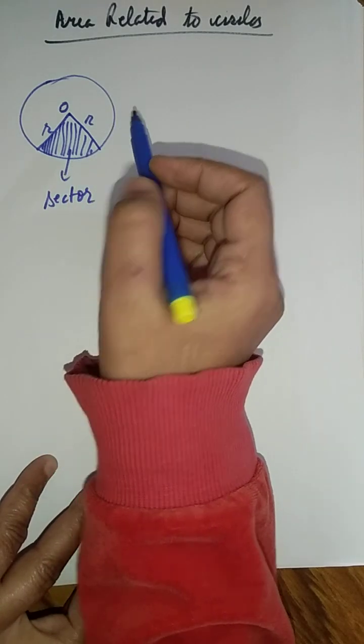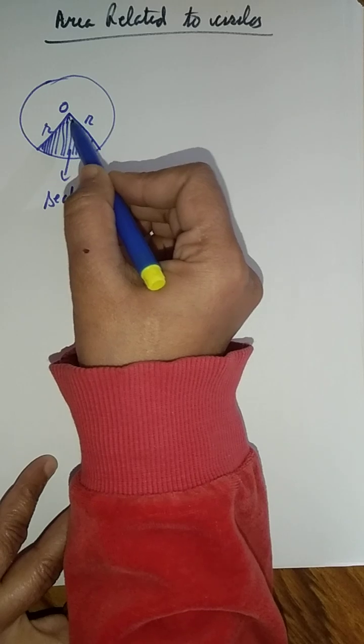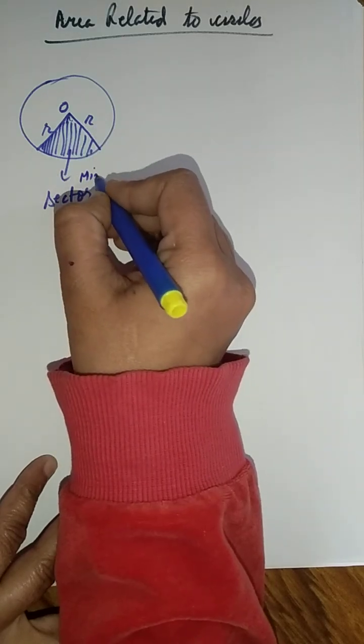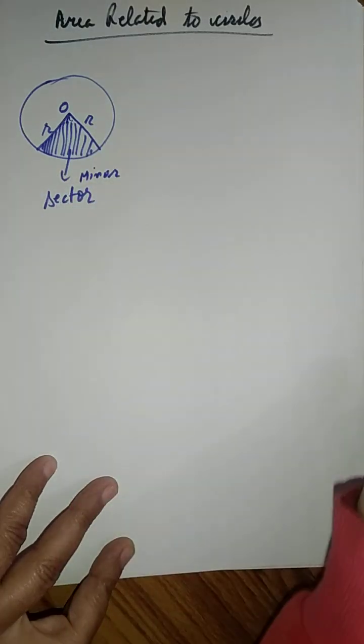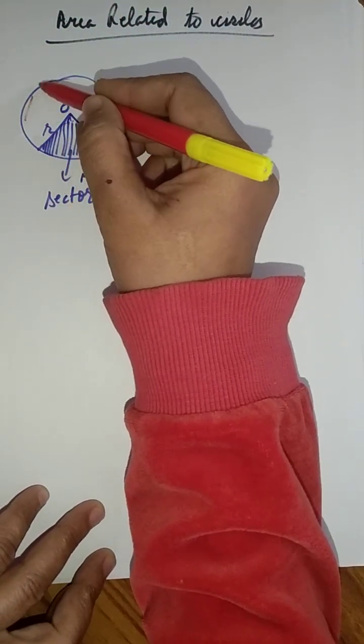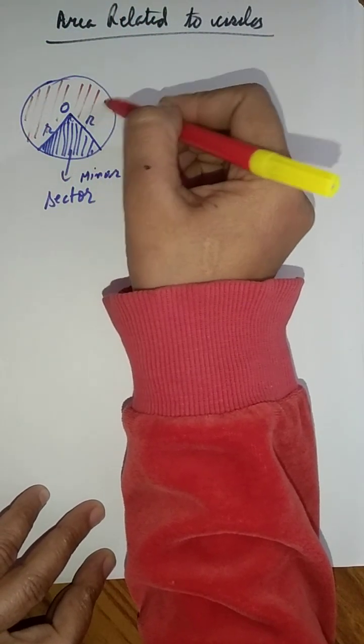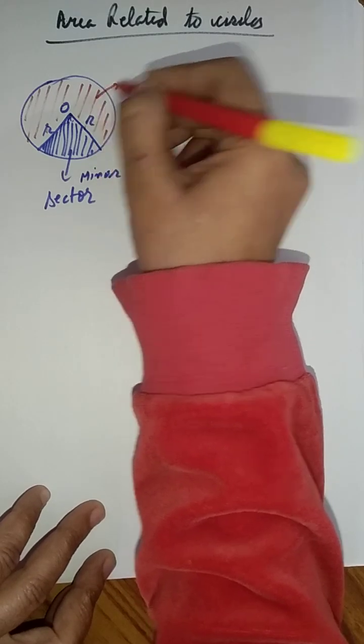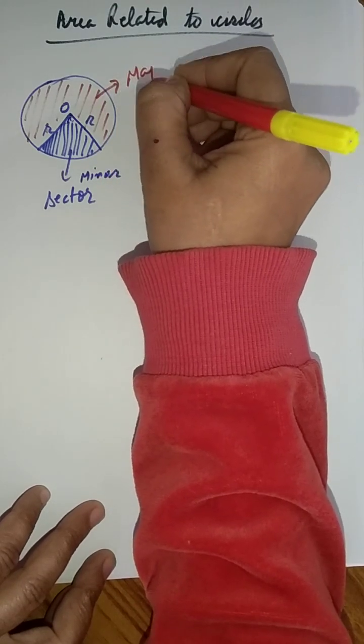Actually there are two sectors of the circle. This one is the minor sector, which is a small portion, and the remaining portion is the major sector.